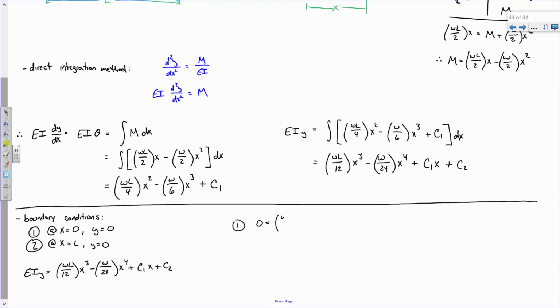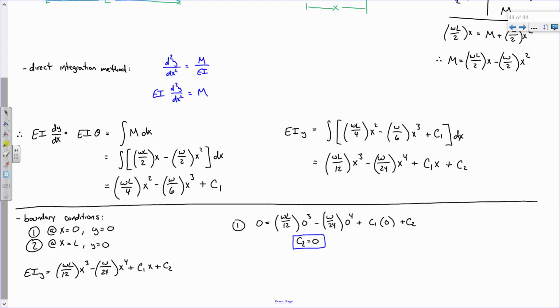We have WL over 12 times 0 to the third minus W over 24 times 0 to the fourth plus C1 times 0 plus C2. What does that tell you? C2 is 0. So there's one of them. Pretty straightforward, right? So there's that one.